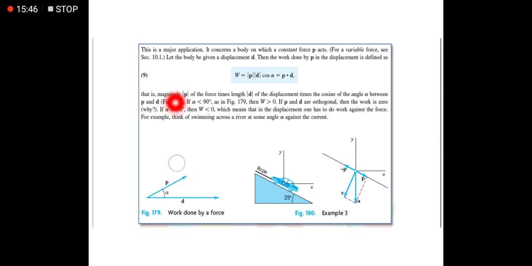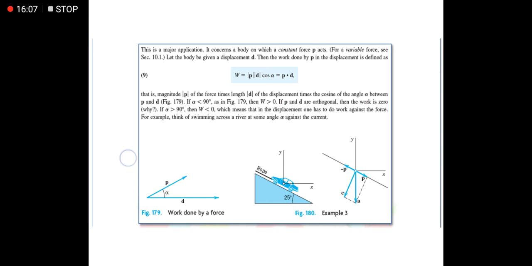So the cosine of alpha gives the component of our force along D, so that they have the same direction. That's why here we have work is P D cosine of alpha, or P dot D. So that's the application of this, actually.